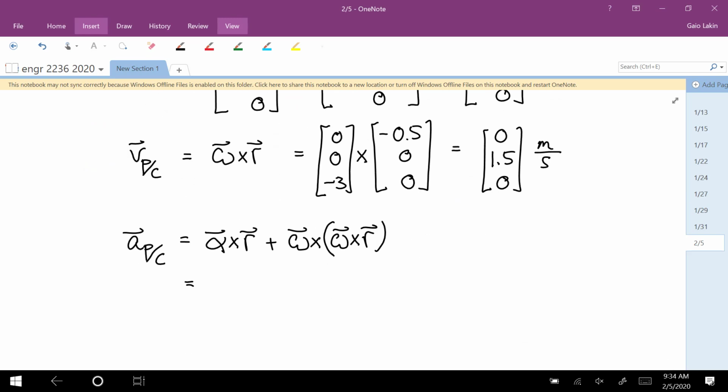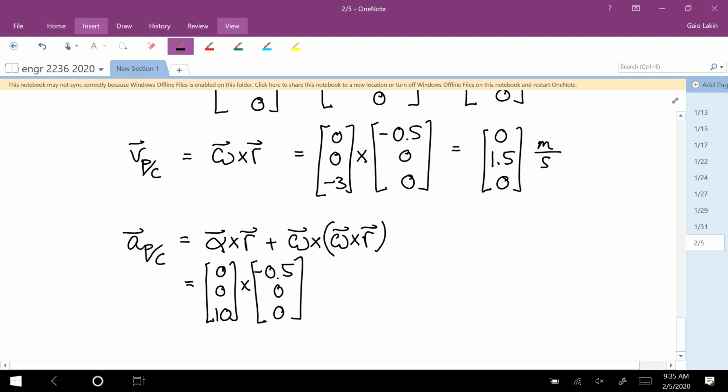Okay, so alpha is 0, 0, positive 10. The r vector is negative 0.5, 0, 0. And then we're adding that to 0, 0, negative 3, crossed with omega cross r, which we just calculated is 0, 1.5, 0.